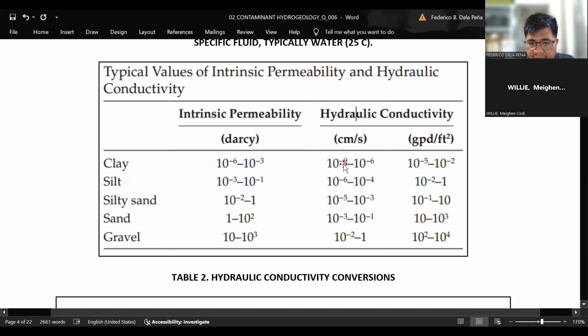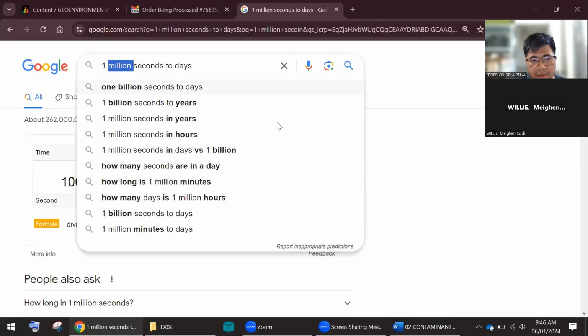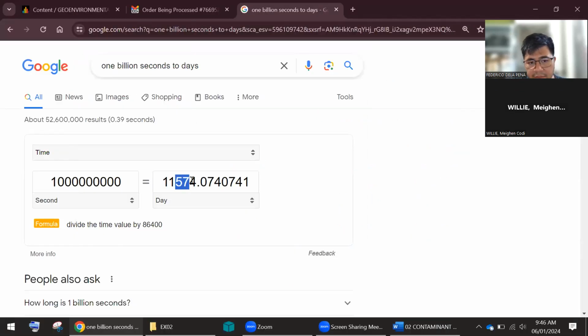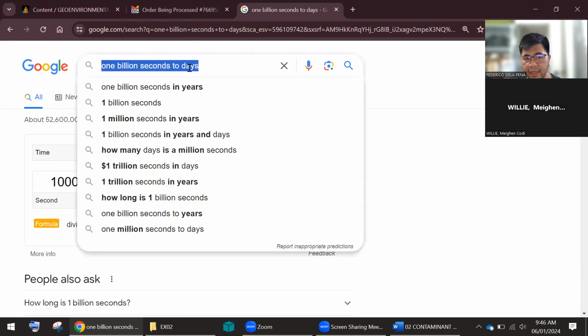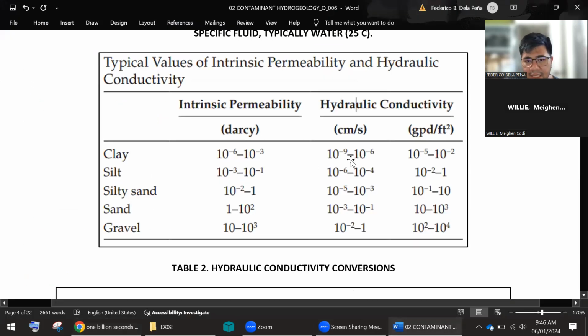If you're using the lower bound, which is the negative 9, you can go like 1 billion seconds. You'll basically need 11,000 days to travel 1 centimeter. Or you can convert that into years: you will need 31 years to travel 1 centimeter if your clay is very, very impermeable.